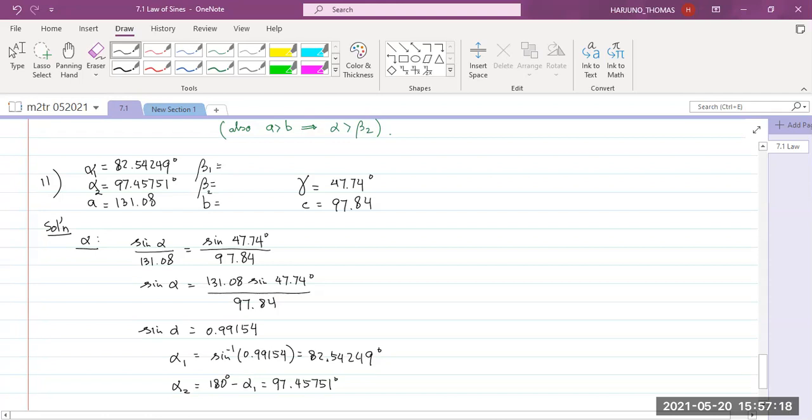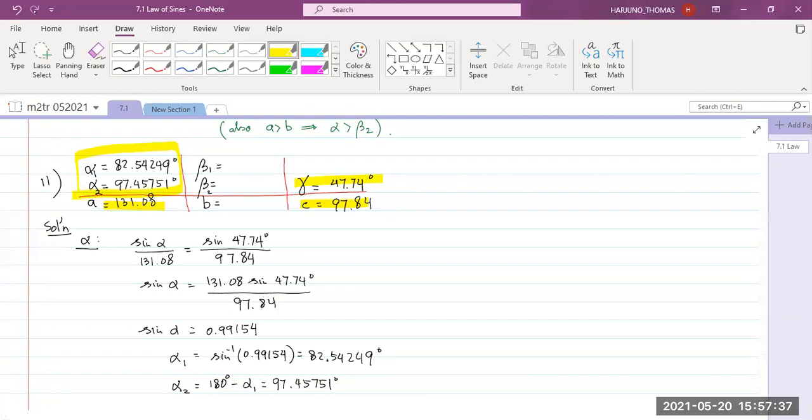You see how I do the structure? In other words, given side A, side C, and angle gamma, there are two possible angles for alpha. And because there are two possible angles for alpha, there will be two possible angles for beta.